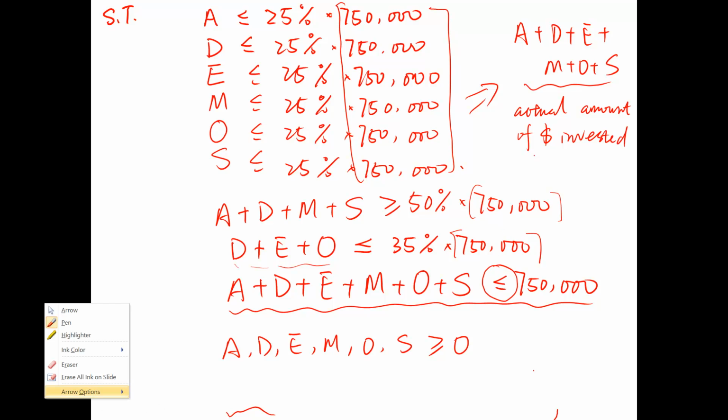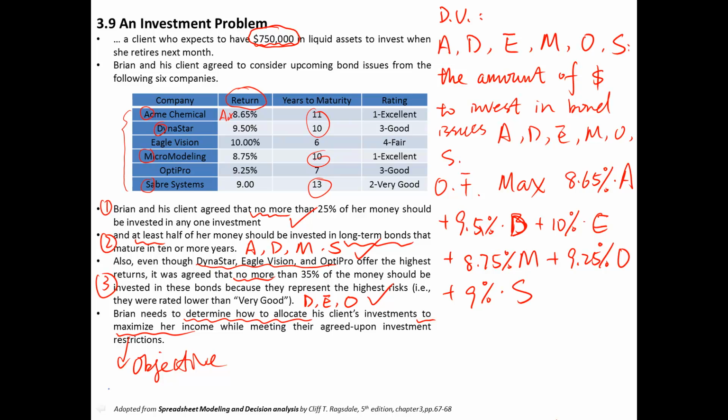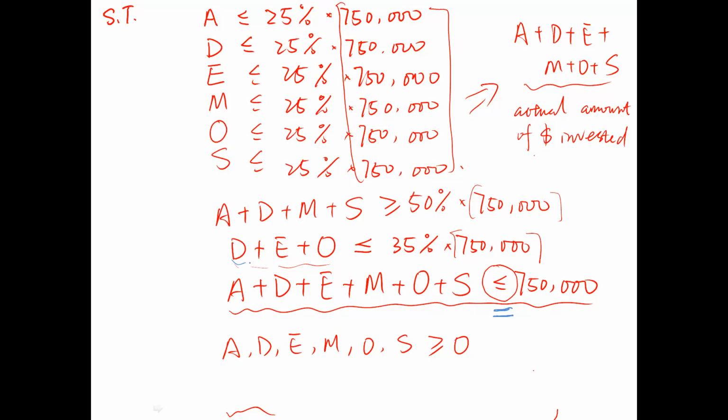Had this constraint been changed to an equal sign, which means that we assume we're going to invest all 750,000, which probably is the truth, because all the returns of those funds are pretty high, and if this constraint is not really a binding constraint, then we're going to invest all the $750,000.